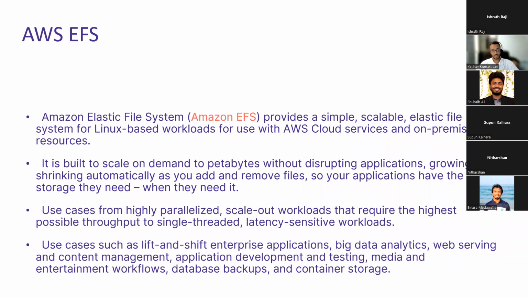But if you want to share that storage across multiple instances, let's say sometimes we have these network drives in our PC or in our intranet where we can connect to a common storage like an FTP server, something like that. Here it uses a different protocol called NFS, Network File System, and it's used for Linux machines. So different EC2 instances or different virtual machines can all connect to the same storage solution, and they can all parallelly communicate with it.